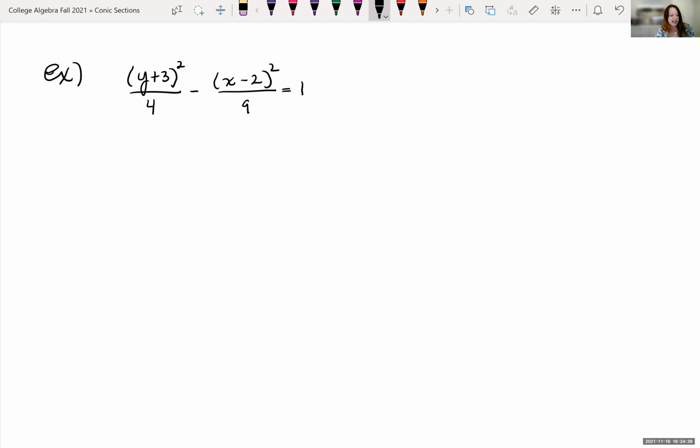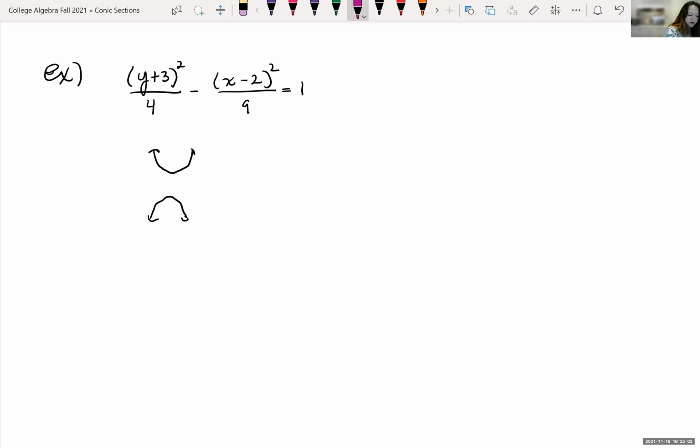So just looking at this, I can tell that my transverse axis, the one that joins my vertices and goes through the center, is parallel to the y-axis. So that hyperbola shape is facing towards the y-axis.